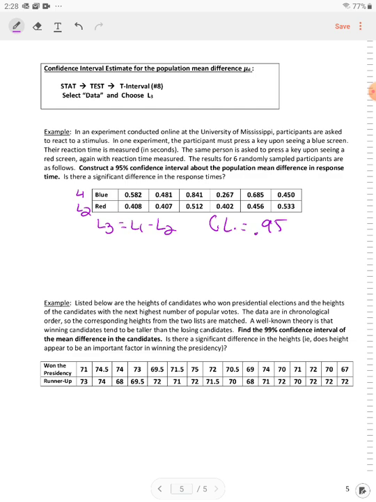Then we do the other one, 0.408, 0.407, 0.512, 0.402, 0.456, 0.533. Now remember, you can do L3, L1 minus L2.